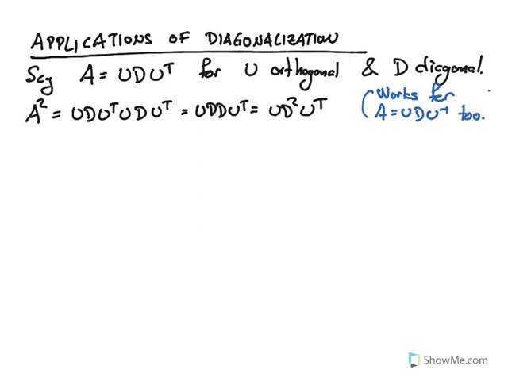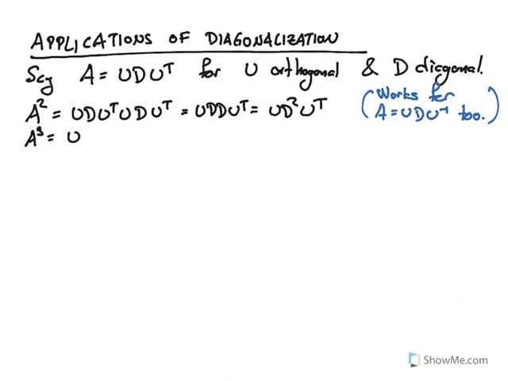But what makes things particularly handy is that for symmetric matrices, you know that this representation must exist when A is symmetric, whereas this representation need not exist in general.